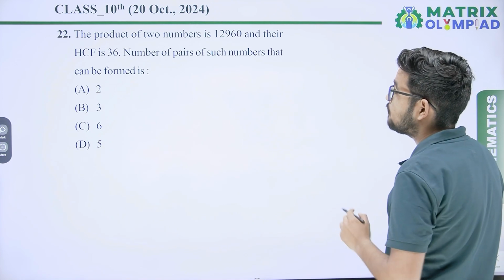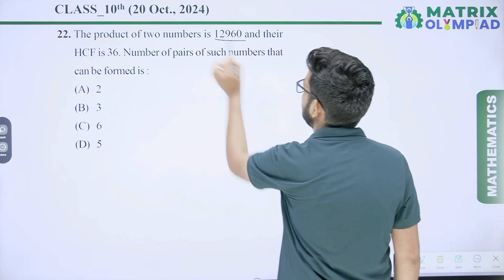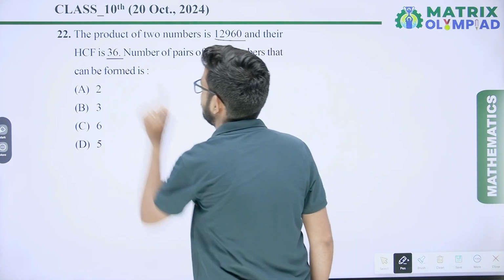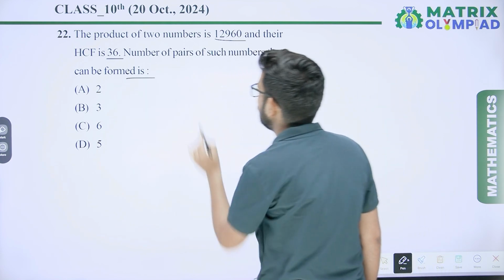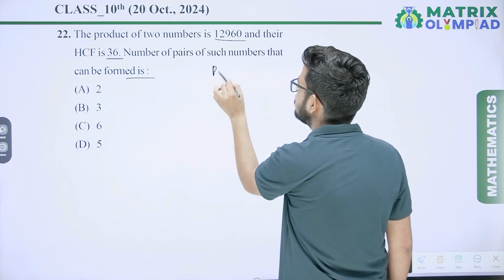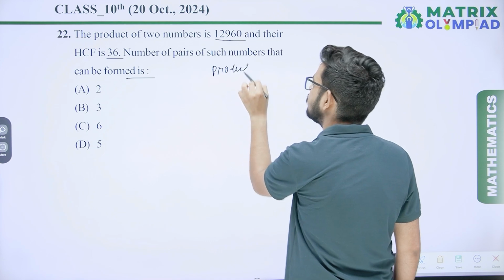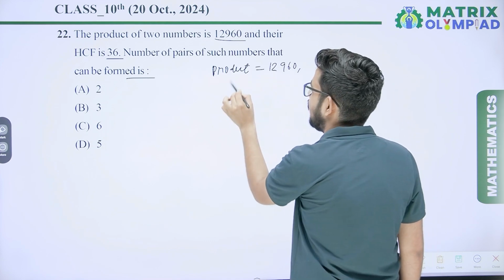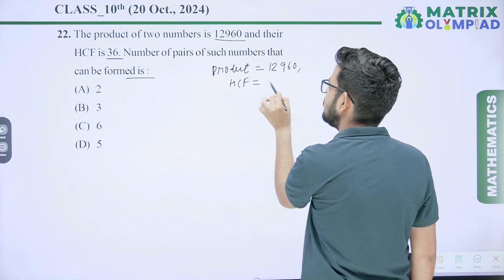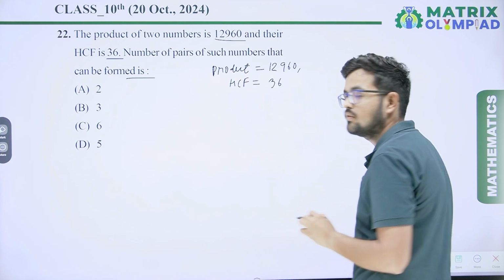Question number 22. The product of two numbers is 12,960 and their HCF is 36. The number of pairs of such numbers that can be formed is. Okay. So product is 12,960. HCF is 36.